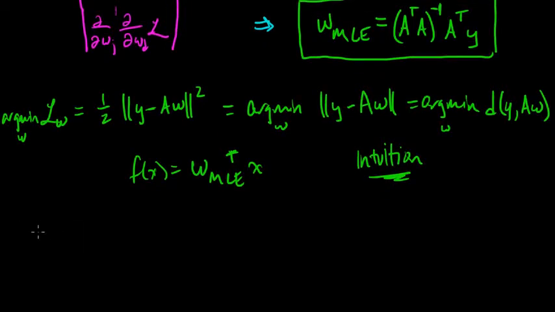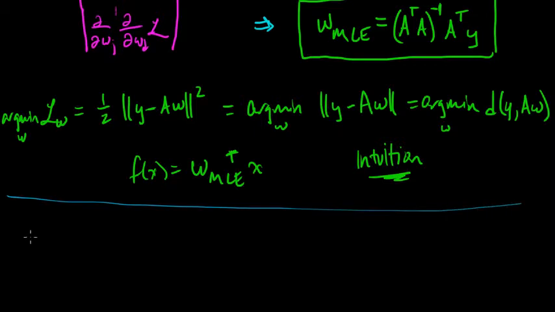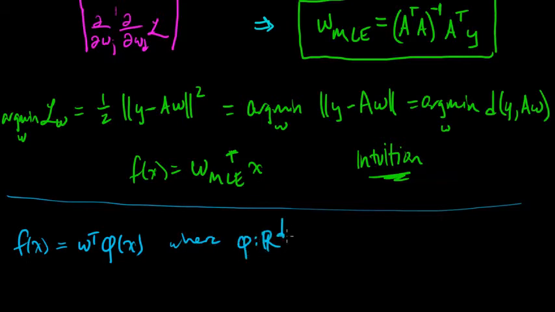Remember, when we were using basis functions, we were considering functions of the form W transpose phi of x, where phi was a function from R^d, from x's, to R^m, for some integer m.